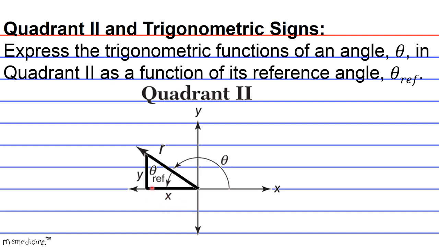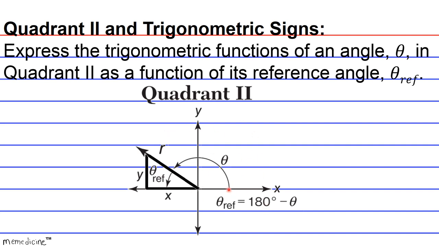So this is the major difference, and this is what's going to affect the trigonometric signs in quadrant 2. And now our theta reference is no longer equal to theta; rather, theta reference is equal to the extent of quadrant 2, the quadrantal angle 180 degrees minus theta. And that makes sense.